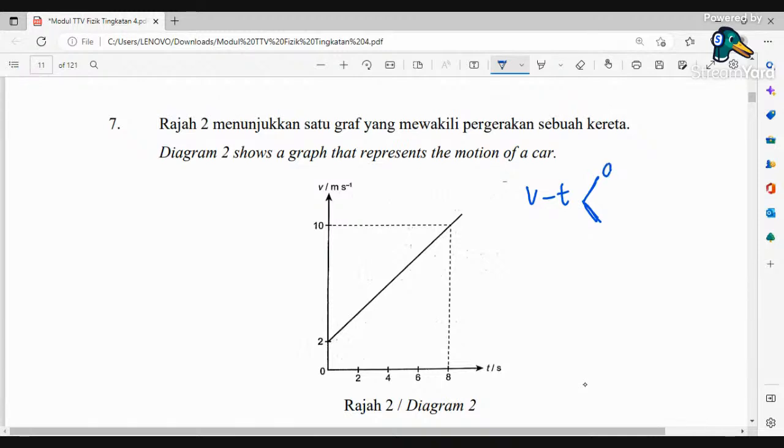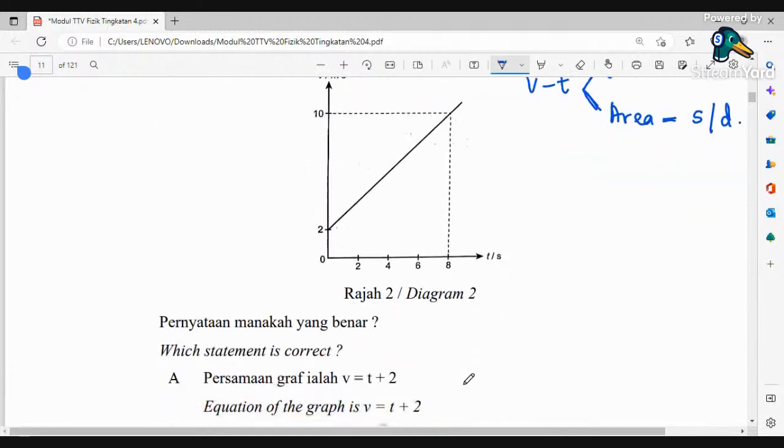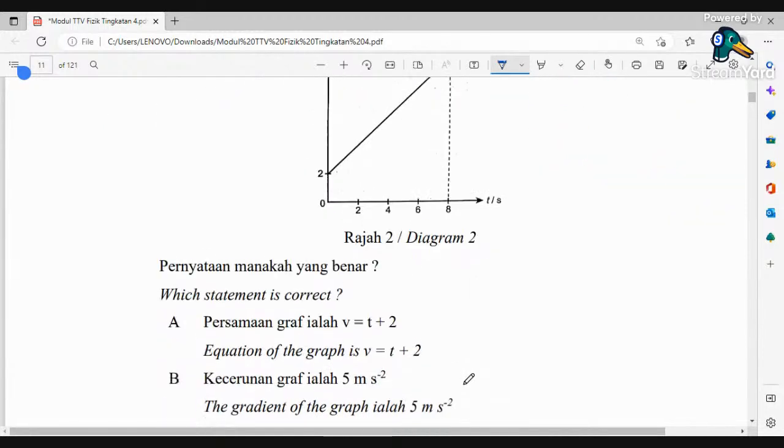First, the gradient equals acceleration, and the area under the graph equals displacement or distance. Okay, which statement is correct?